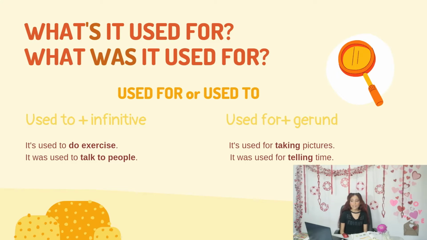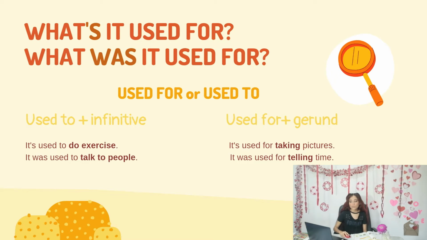First of all, we are going to do a review about the activities that we did yesterday on Monday, when we started learning how to make questions to know the usage of an object, of a device, the gadgets that we are learning in this unit. We have two questions that we can make.